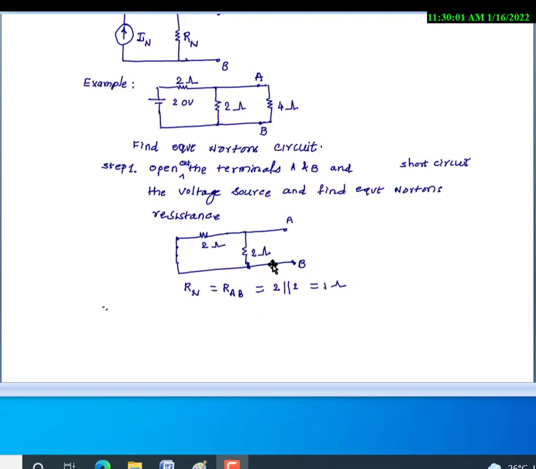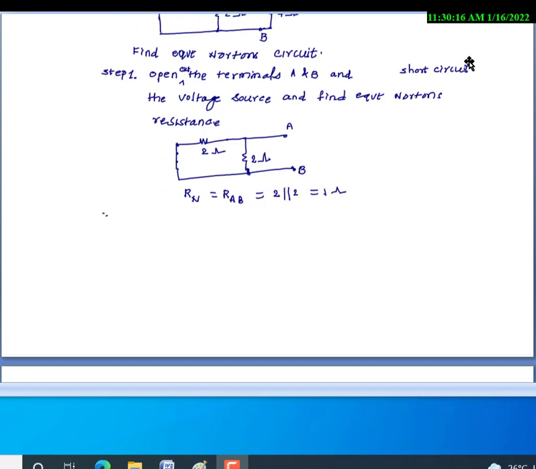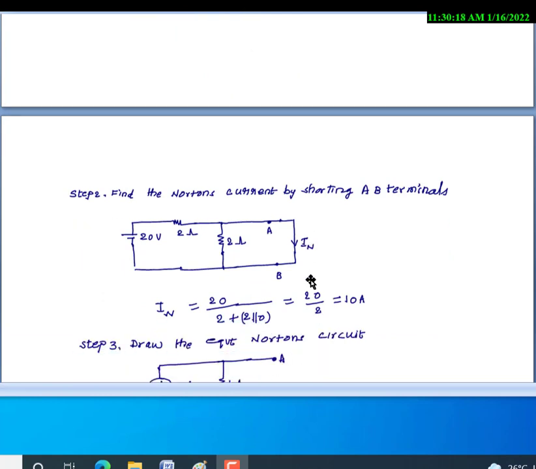Then we get the circuit like this. This 2 ohms and this 2 ohms are in parallel, so the resultant will be 1 ohm, and that resistance between terminals A and B we call the Norton's resistance.